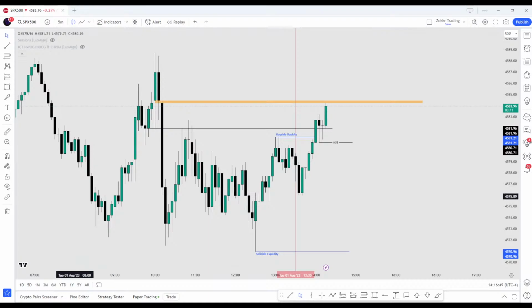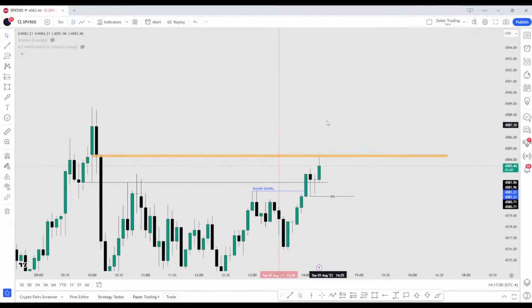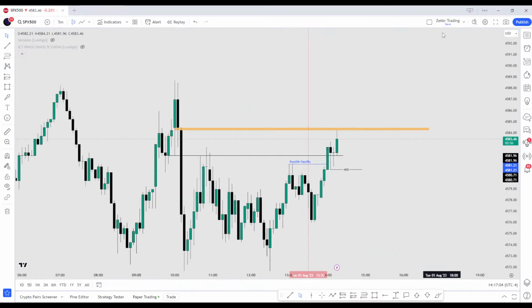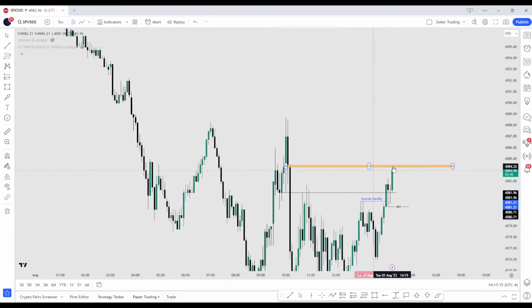It would not be ideal if we close a super big candle above it. If we close above it and then we stay maybe inside this order block, that's fine. We go lower, that's fine. But I wouldn't like to see it close above this order block body to still validate this imbalance.